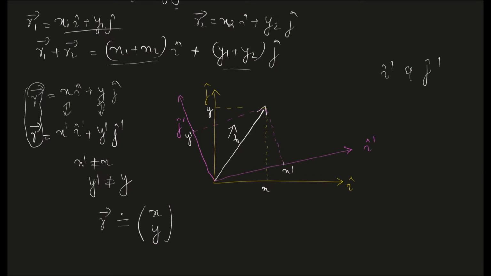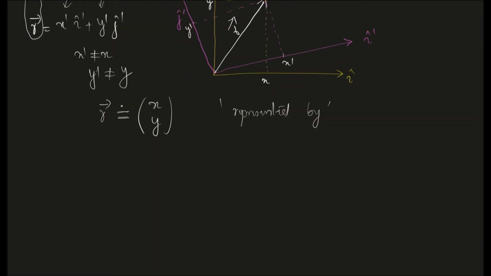Now this symbol, an equal sign with a dot, means represented by, not equal to. So r can be represented once you fix your coordinate system. I have fixed my coordinate system as this one, so this vector can be represented by its components x and y. This is known as a column vector.